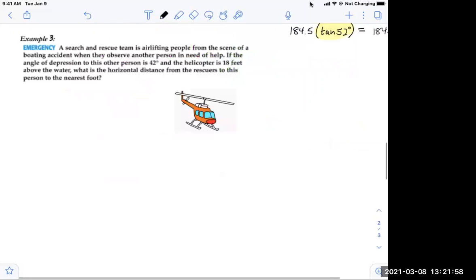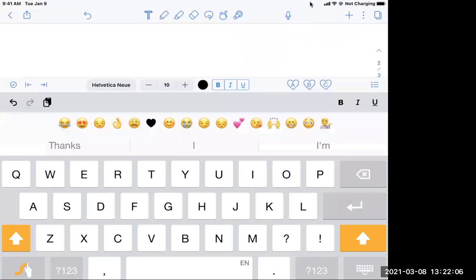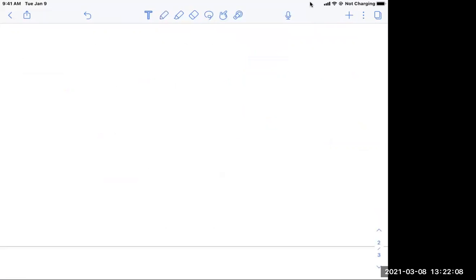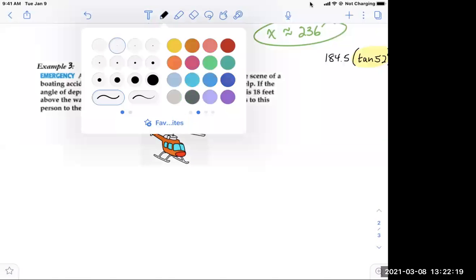Okay, and then the last problem, I cheated and copied a helicopter, because every time I draw a helicopter, it looks awful. So I copy and pasted. A search and rescue team is airlifting people from the scene of a boating accident. So we've got water down here.